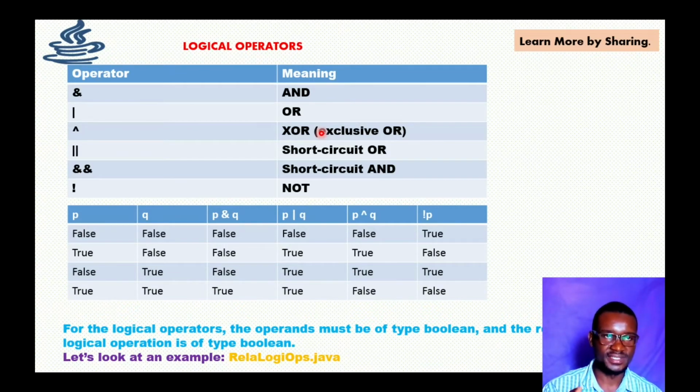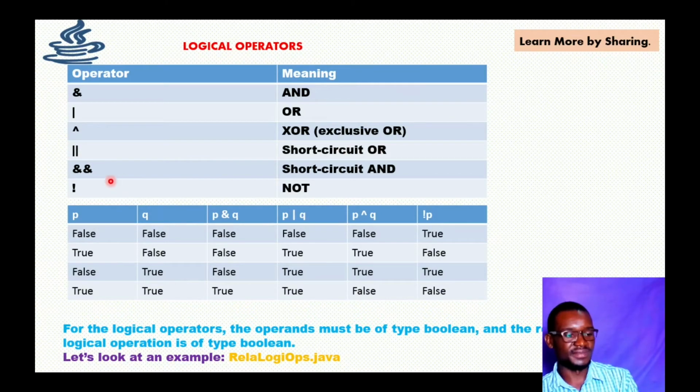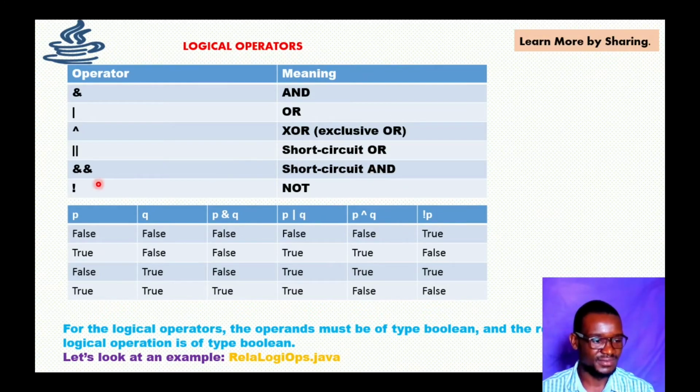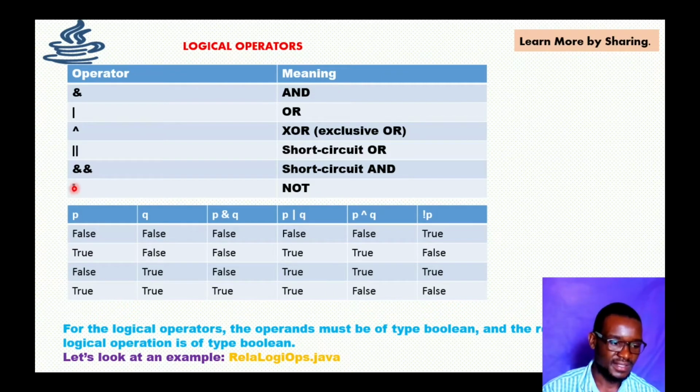We just need to have one value which is true. We also have the double pipe, which is the short circuit OR, and the double AND, which is the short circuit AND, and we have the exclamation, which is not.